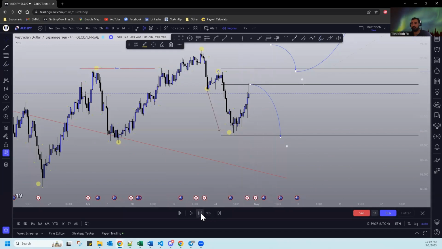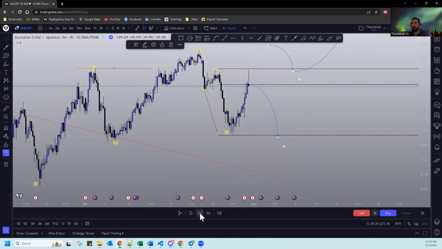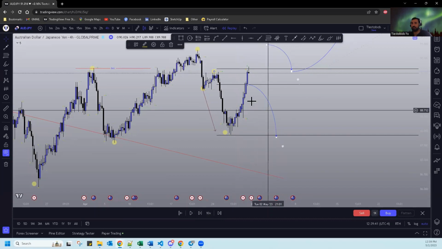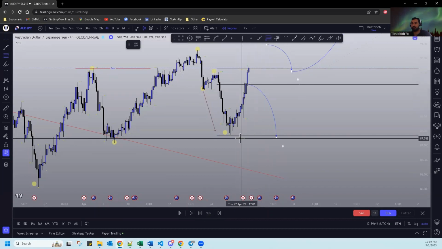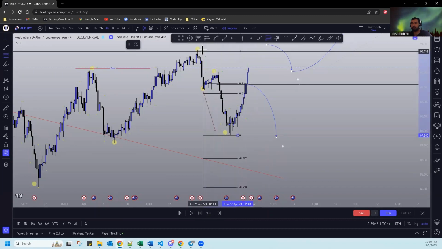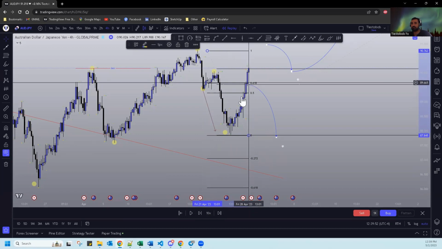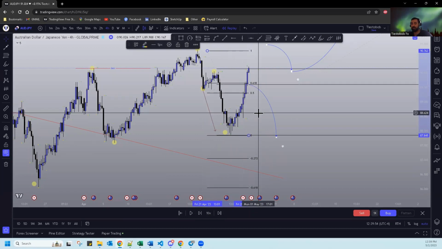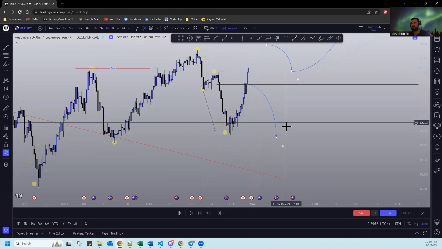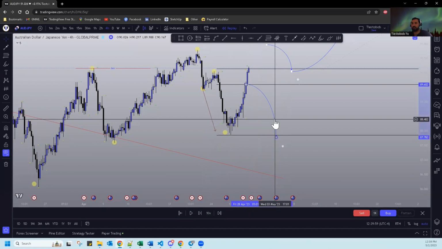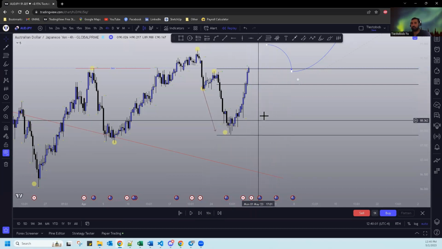But what happens here, if you notice, it just blasts right through the Fibonacci zone. If this was our fib, let me just draw our fib real quick, sorry, price just breaks right through it. When it does that, it's no longer considered a valid zone. So now we wait for another valid setup.